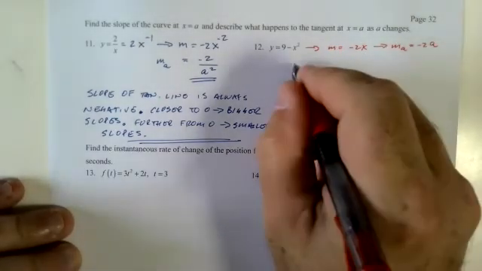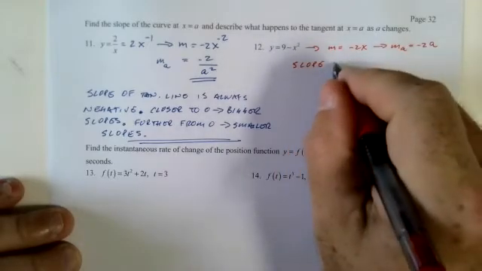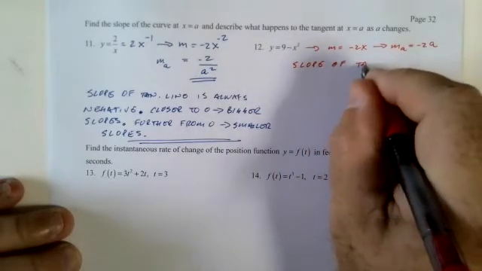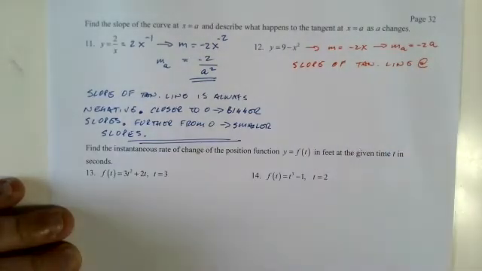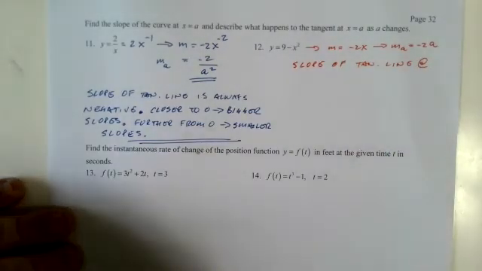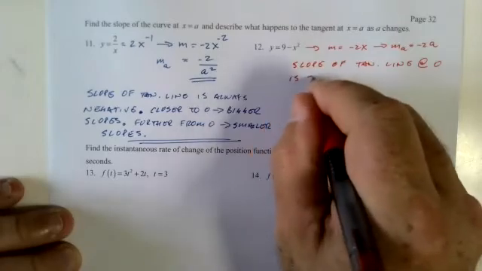So, I don't know. Let's just write some crap down. Slope of the tangent line at 0 is 0.